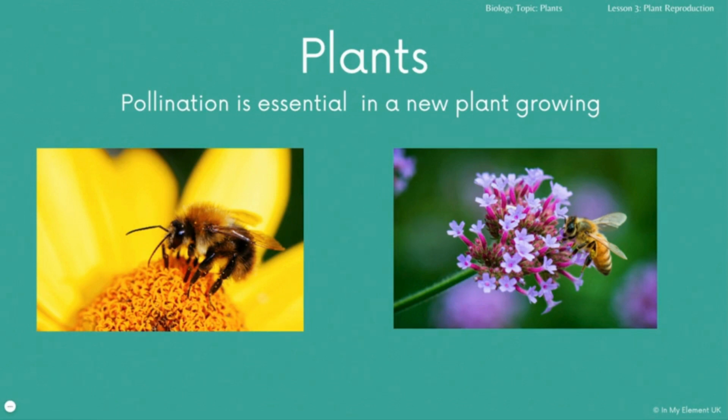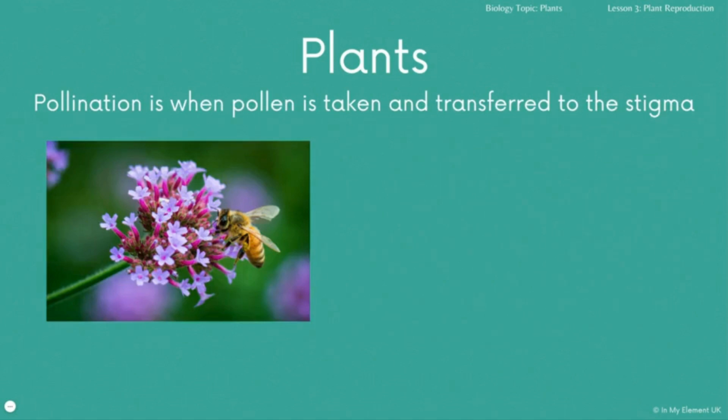So pollination has to happen, and there are a couple of different methods by which it can happen. Firstly, you need to remember that pollination is when the pollen is taken from the stamen and transferred to the stigma.